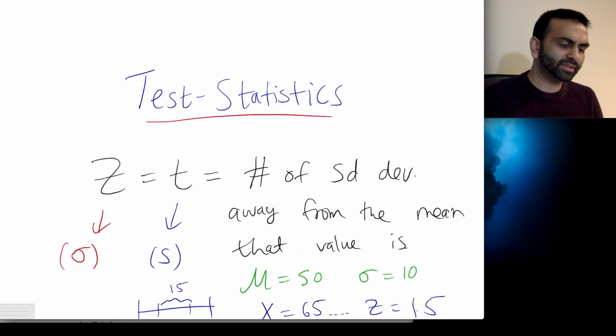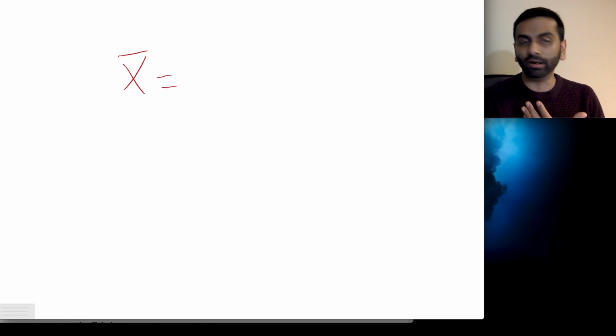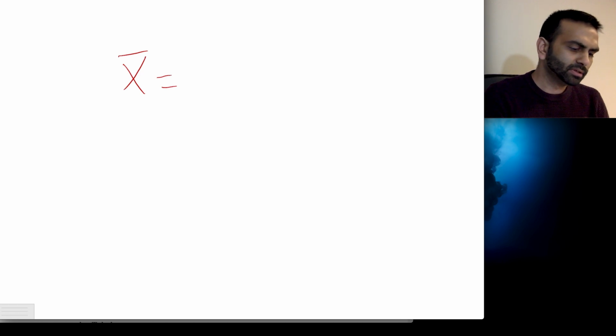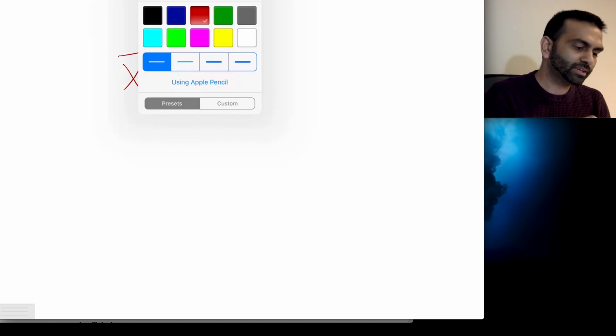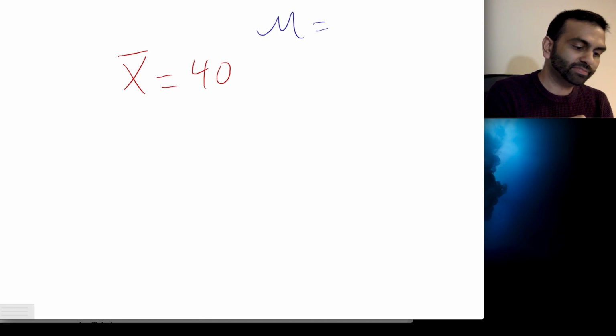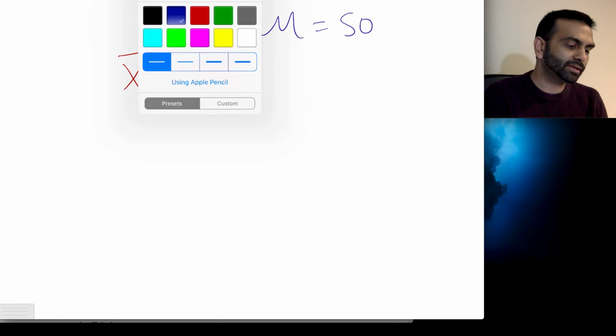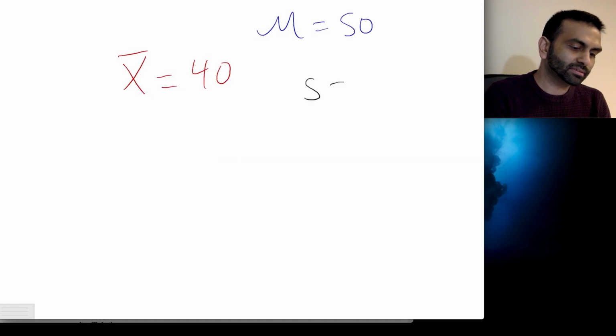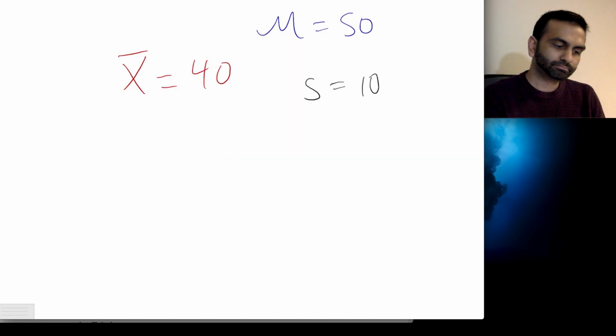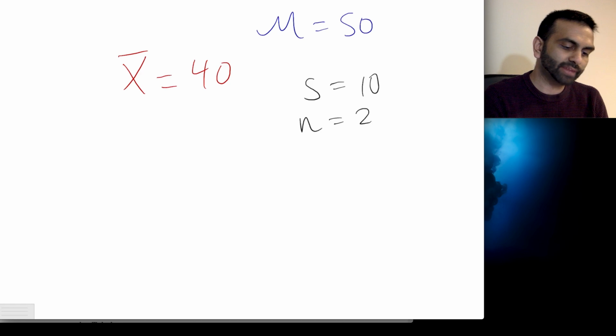Now, when we're talking about test statistics in particular, the context is usually not just finding the z for an individual person, like how many standard deviations away from the mean are you, but rather for a sample mean. So if the x bar, my average in my sample, was 40, and the population's mean is 50, so I know I'm below the mean, and let's say the standard deviation is 10, and the sample size is 25.